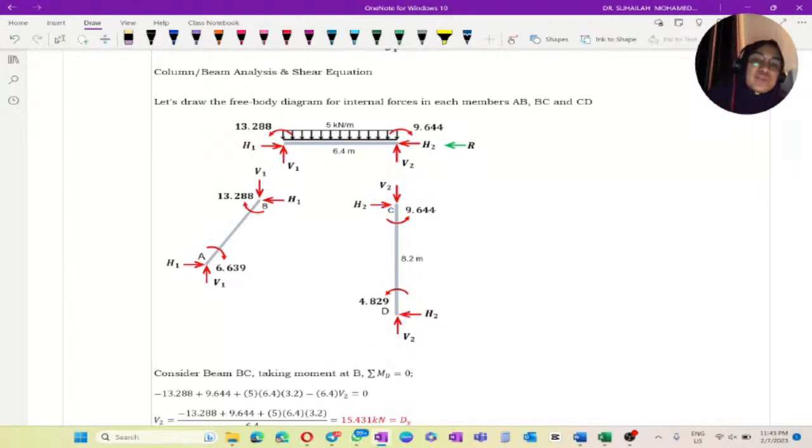So H also same. So the difference between AB and CD: AB we declare as 1, V1, H1, and for column CD we declare as 2, V2, H2.